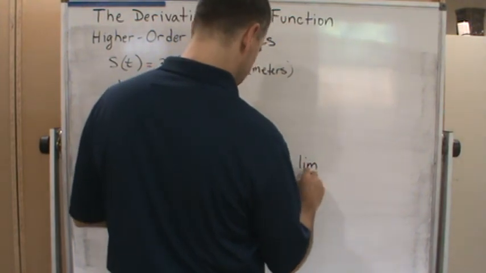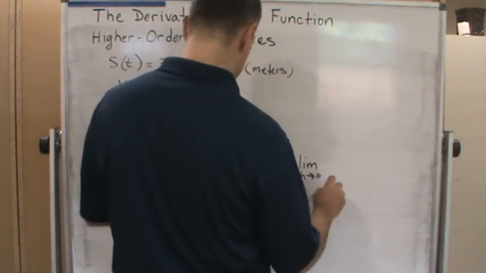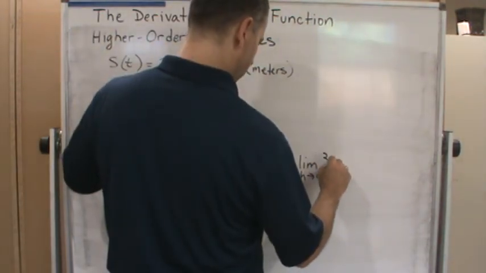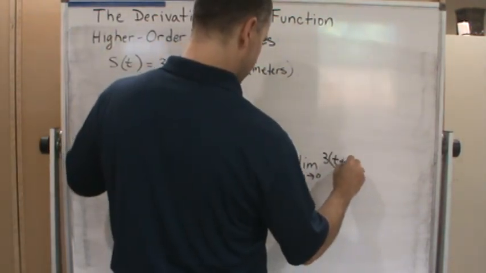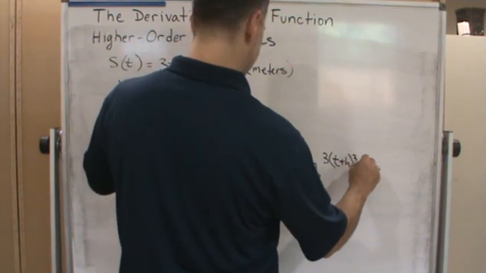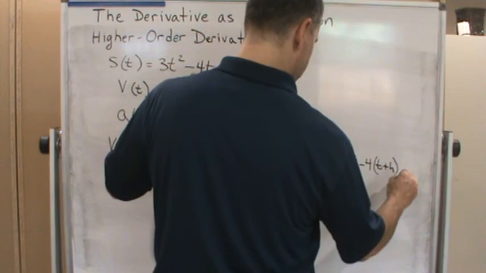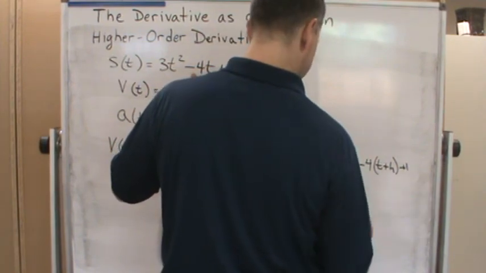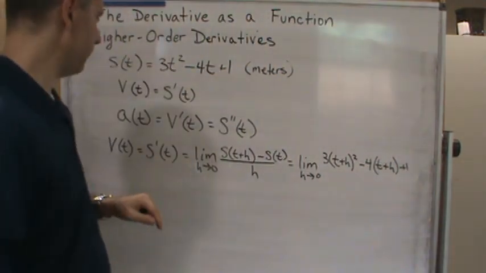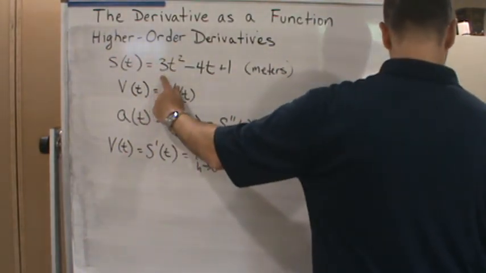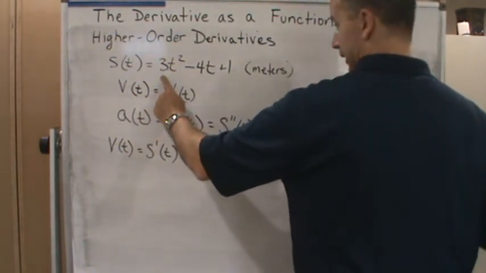So limit as h approaches 0, this is going to be 3 times t plus h squared minus 4 times t plus h plus 1. And then we're going to subtract off s of t. So we're going to subtract this off. So I'm going to write this parenthetically.